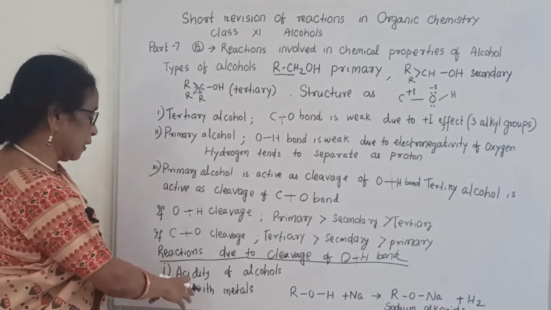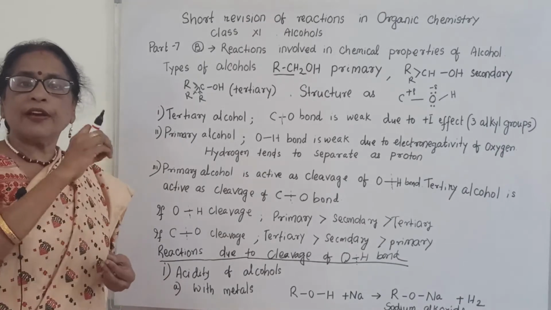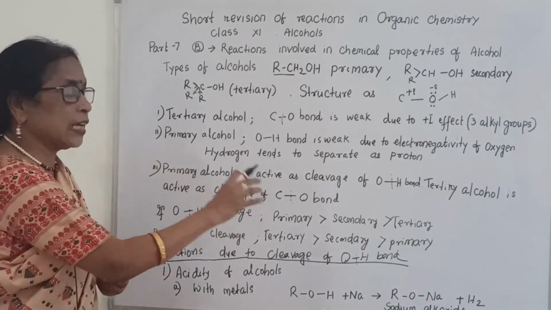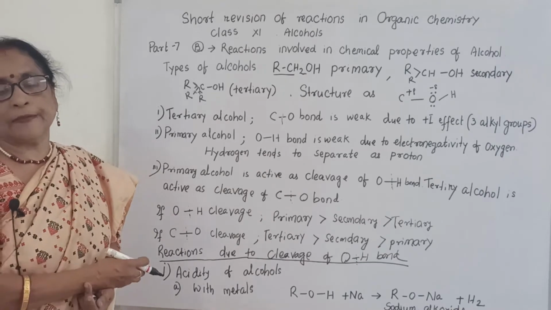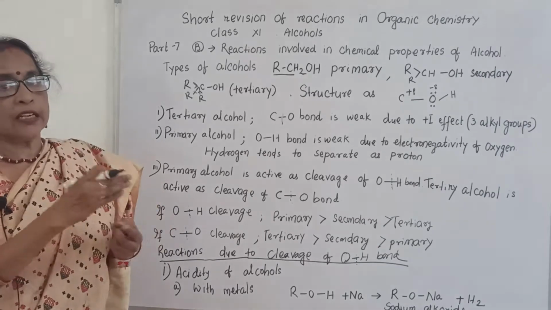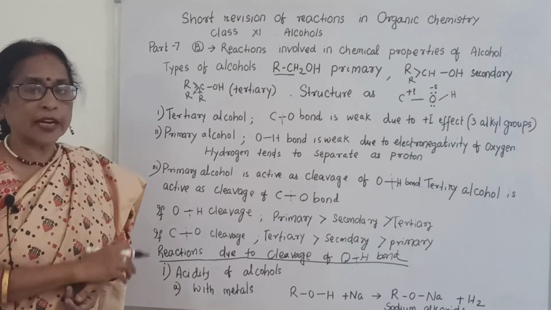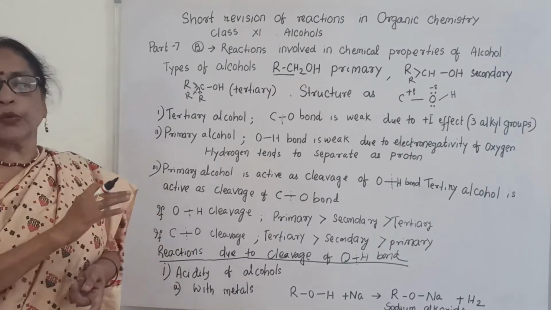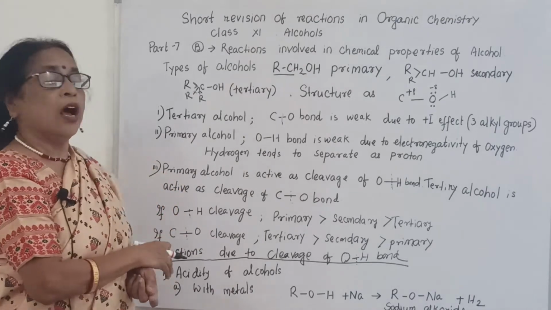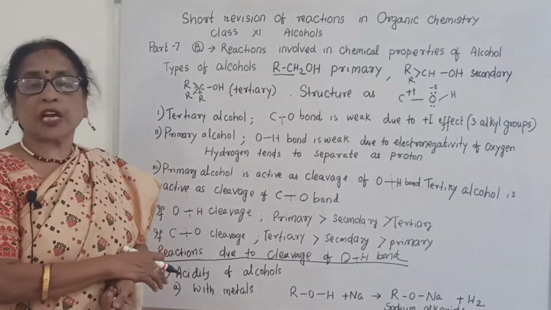That means when alcohol reacts with metal, it gives hydrogen. This is the main characteristic of acid: when acid reacts with metal, it gives hydrogen. Similarly, alcohol also reacts with metal and gives sodium alkoxide.